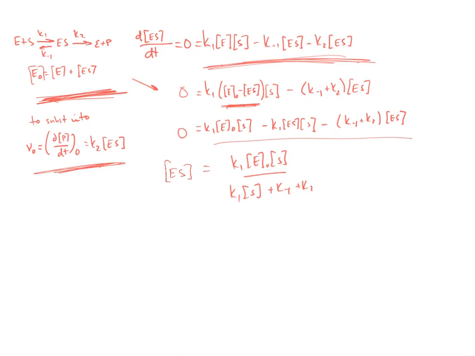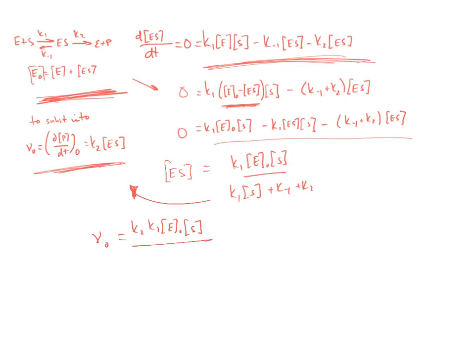Okay, now this can go into my rate law step. And so I'm going to get that the initial rate is equal to K2, K1, initial enzyme concentration times the substrate.